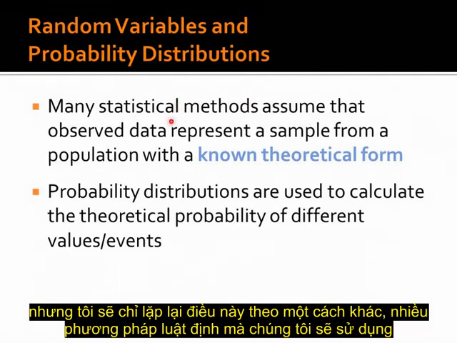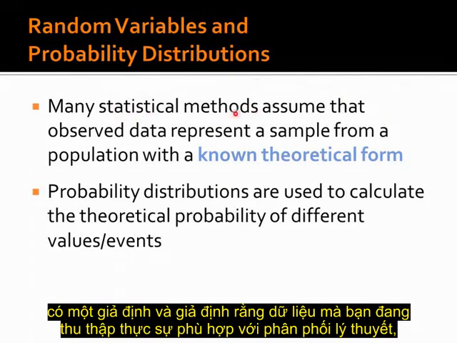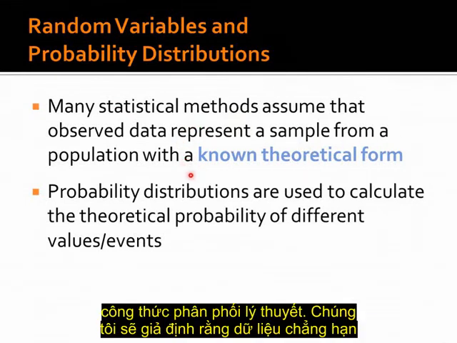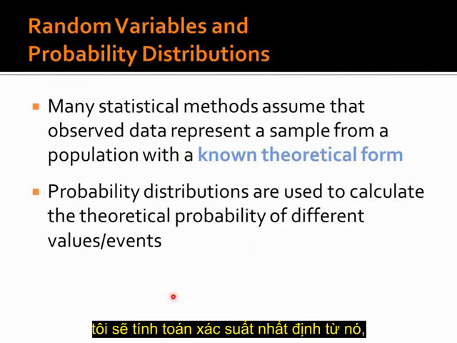Many of the statistical methods that we're going to use have an assumption, and the assumption is that the data which you're collecting actually fits a theoretical distribution, the formula of a theoretical distribution. We are going to assume that your data, for example, fits a bell curve distribution, and based on that assumption, I'm going to calculate certain probabilities from it.